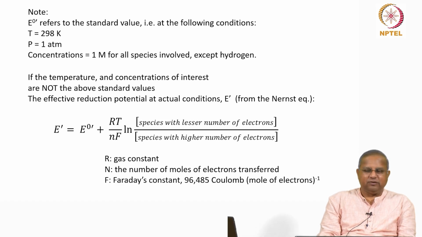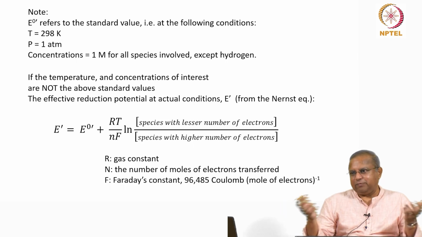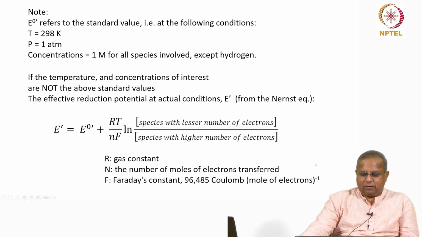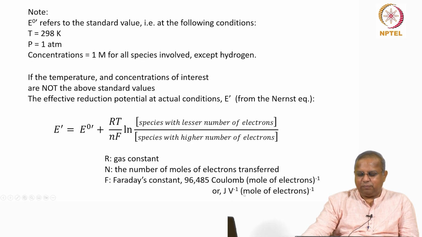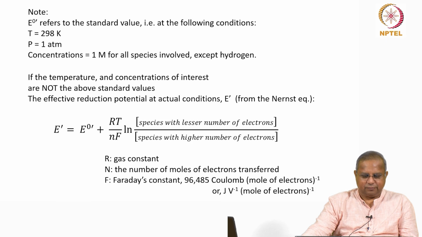Essentially, Faraday's constant gives you the conversion factor between the electrical basis and the chemical basis, as we saw in the transport course. It could also be joule per volt per mole of electrons. So, you could write it in different units. Because it's coulomb, you convert it into energy, you will get joules and volts and so on and so forth.